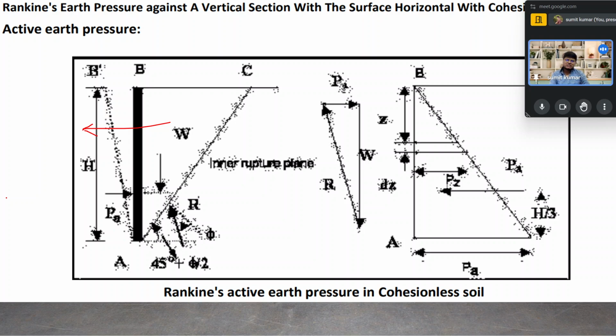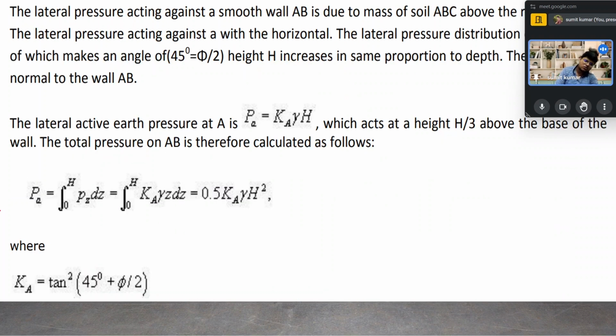The initial position is AB and the final position is AB dash. That value is also represented as R, and W is applied in the downward direction. The value of PA is also represented with the help of an arrow, and the Rankine active and passive earth pressure conditions in the cohesionless soil are represented. For a specific section, we also see that its value acts at h by 3 from the base, and the value of PA is going to be 1 by 2 into k into gamma into h square.